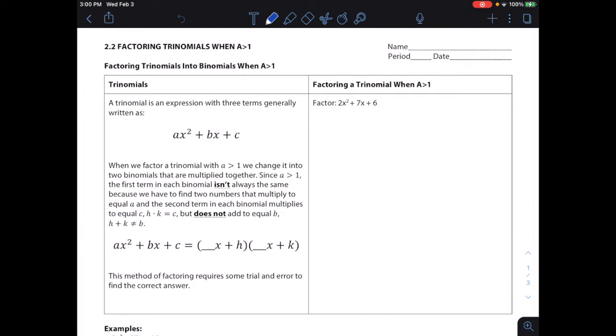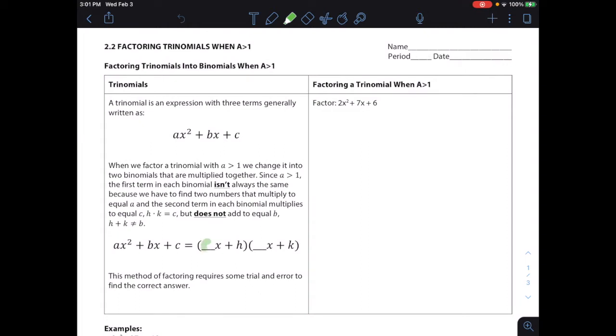And if you want to read through what it says on the left-hand side here, you can stop the video and feel free to read through that. But the key thing to think about with this method is we're going to end up with a binomial that has an h and a k in it, just like we did before. We're going to look for 2 numbers that multiply to equal c. But in this case, they multiply to equal c, but then we have to do a little extra work, and they're not just going to add to b, all right?